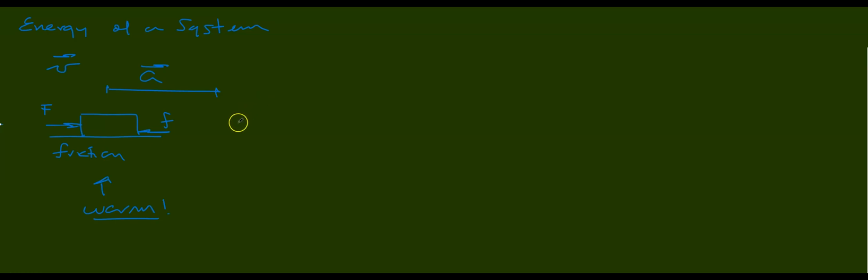A new quantity will be required to understand why the block gets warm, and that quantity is energy. And I'm not going to define energy right now. Before that, I am going to focus on the other word I wrote here, which is system.